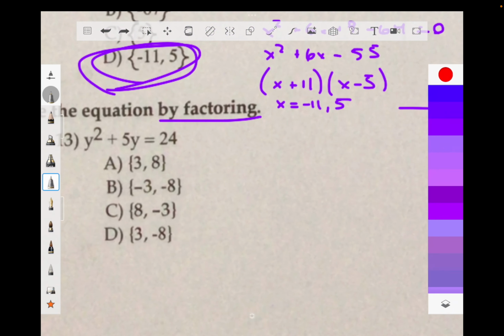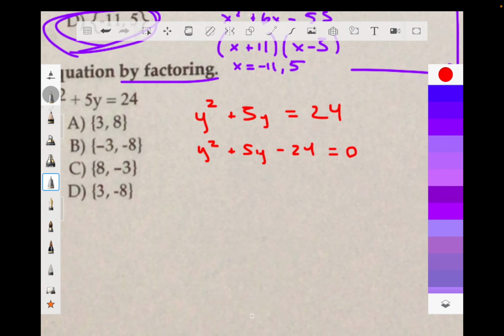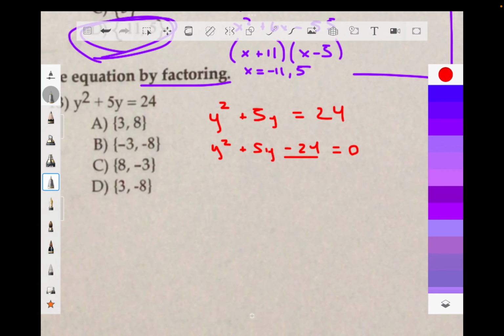So y squared plus 5y equals 24. You subtract 24 from both sides, so y squared plus 5y minus 24 equals 0. What multiplies to negative 24 and adds up to 5?